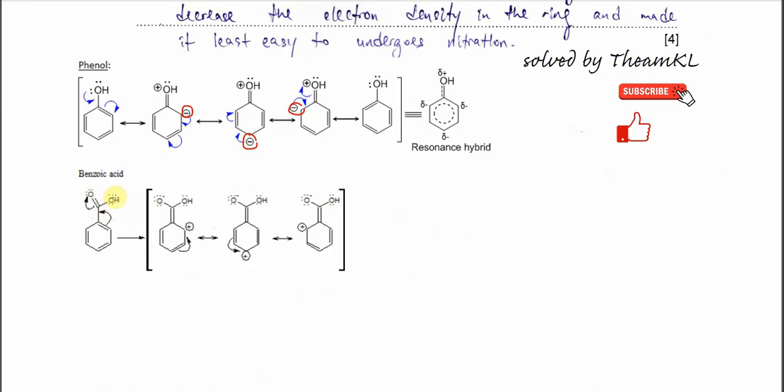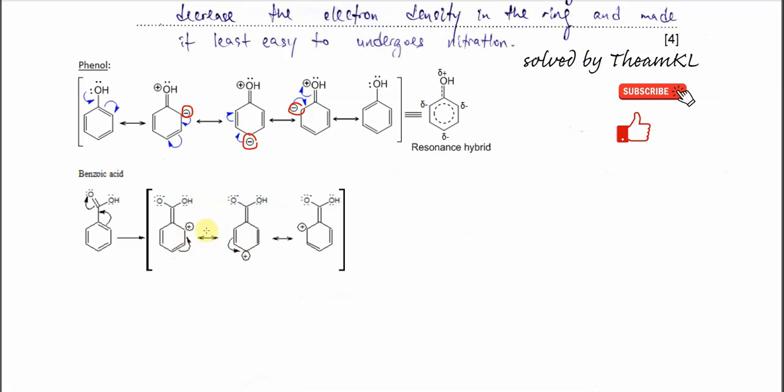For the benzoic acid, why is it the least easy to undergo nitration? Because the COOH is an electron withdrawing group, something like this. So if you try to get electrons from the benzene ring, as you can see, one pair of electrons from the benzene ring moves up and eventually forms this first resonance structure. Then this pair of electrons will move, and eventually the positive charge will change.